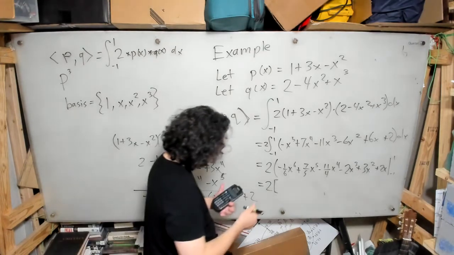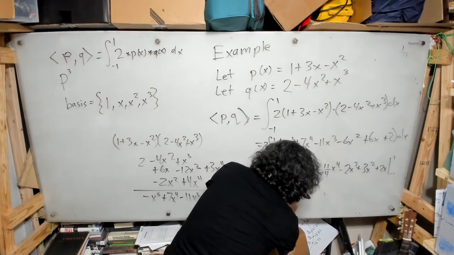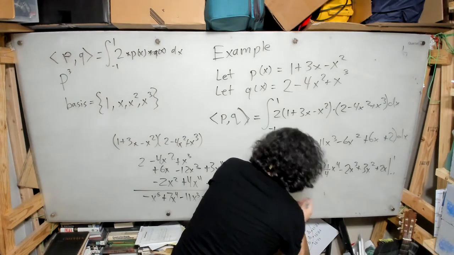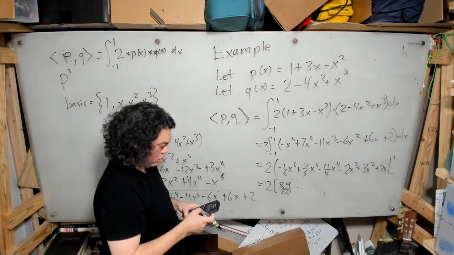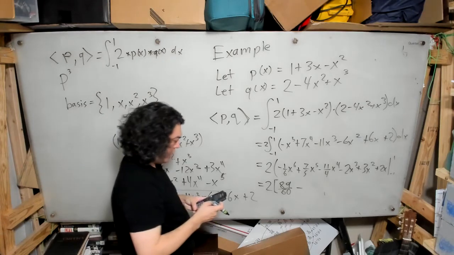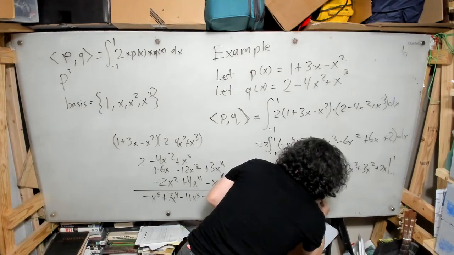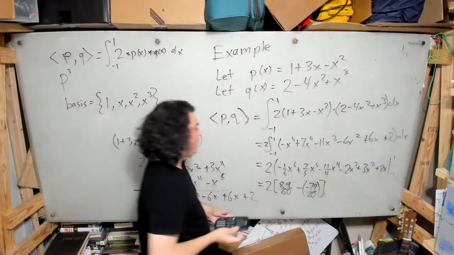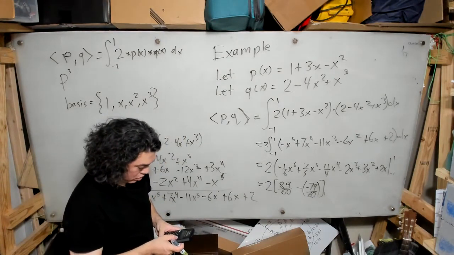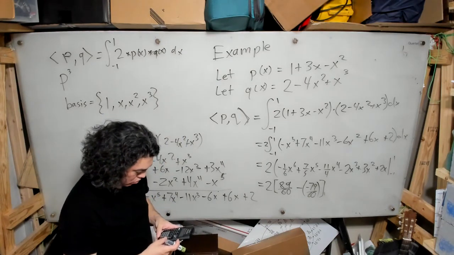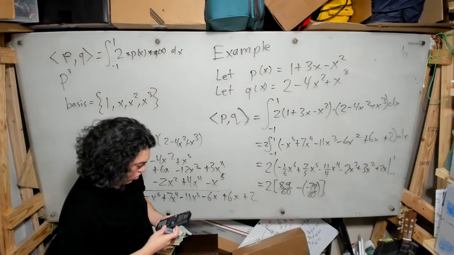That gives me 89 over 60. And then I'm going to subtract negative 79 over 60. And so you can see that this will actually add, so it'll be this minus that, and then times 2. Okay, 28 over 5.